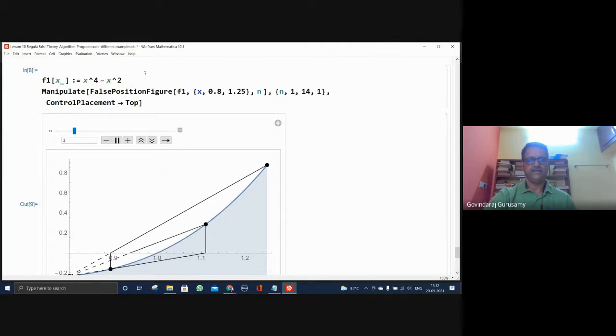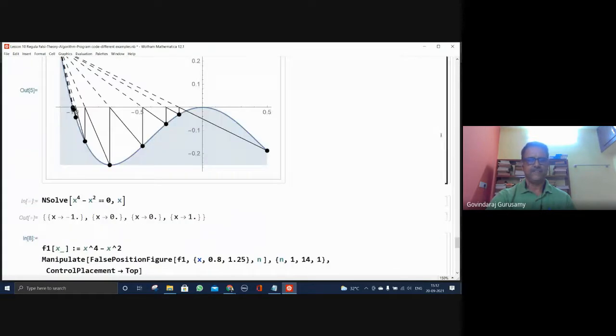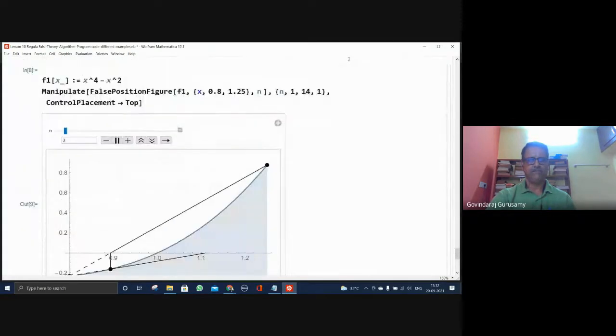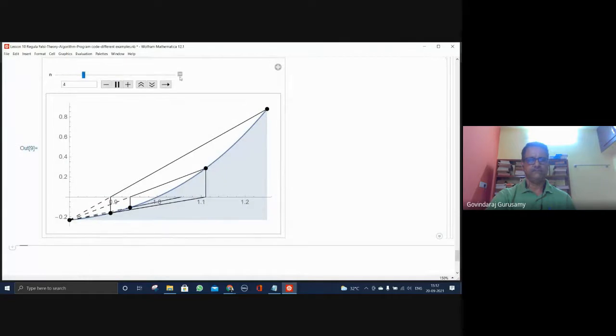It's also nice to see. It starts from the root and comes back to this position. And at 21 it's moving one by one.